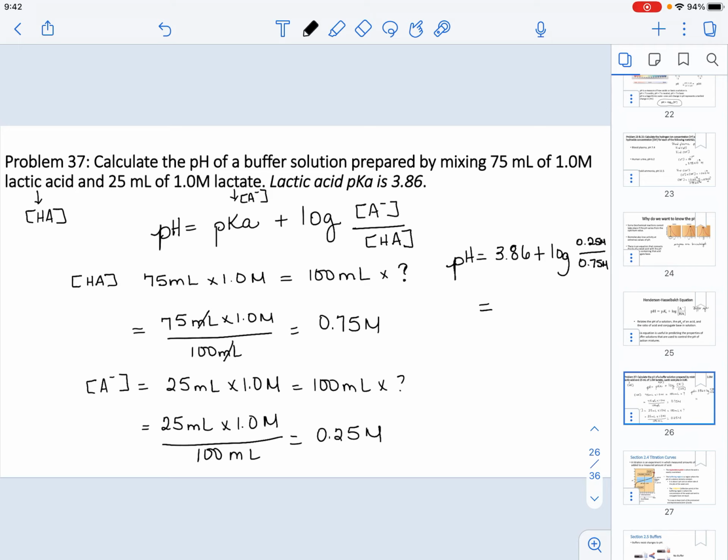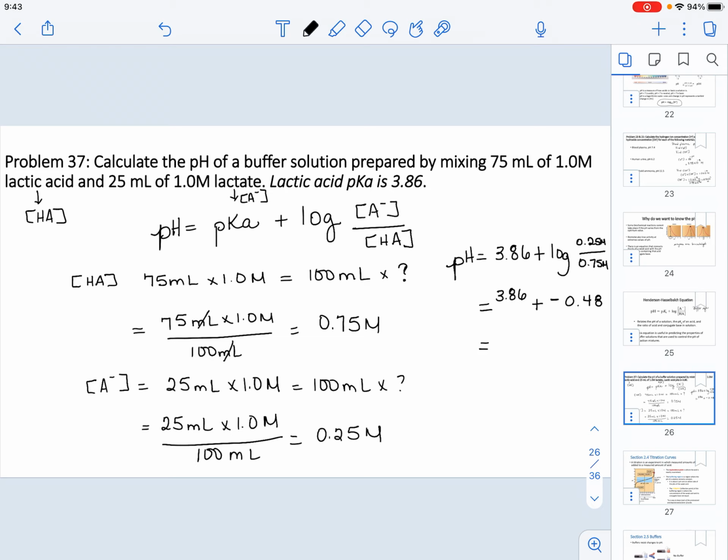So when I plug this in, I'm going to take 3.86 subtracted by 0.48.